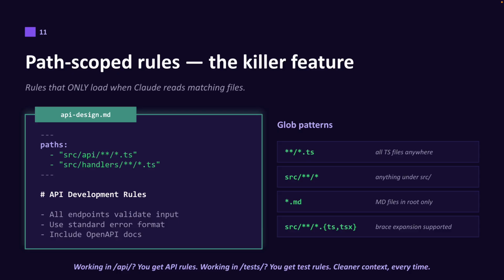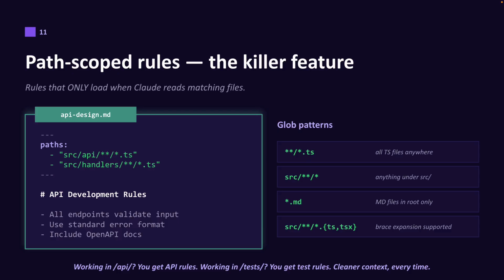So here is a killer feature. Add a paths field in the YAML front matter at the top of any rules file. Claude only loads it when it reads files matching that pattern. So your api-design.md with path src/api/*.ts only loads when Claude touches your API code.